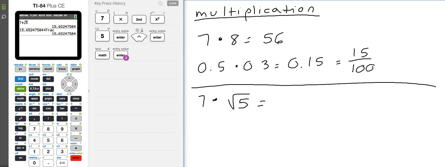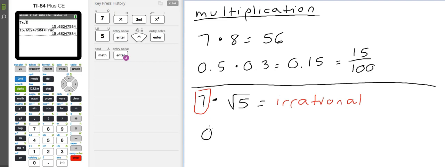So this only occurs, we only get an irrational number, as long as our rational number is not equal to 0. In this case, it was 7. Because let's say our rational number was 0. We had 0 times the square root of 5. 0 times the square root of 5 is 0. 0 is a rational number.